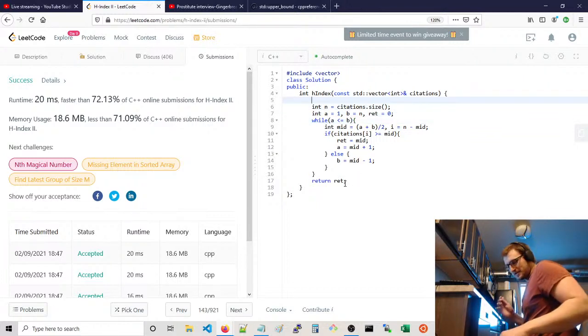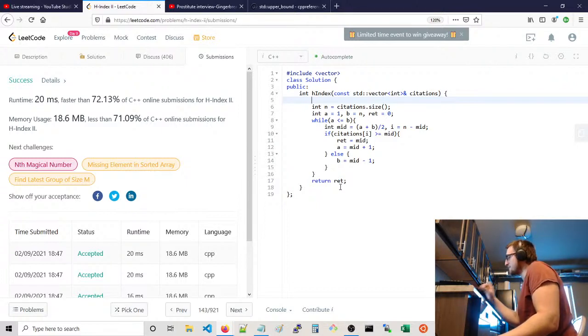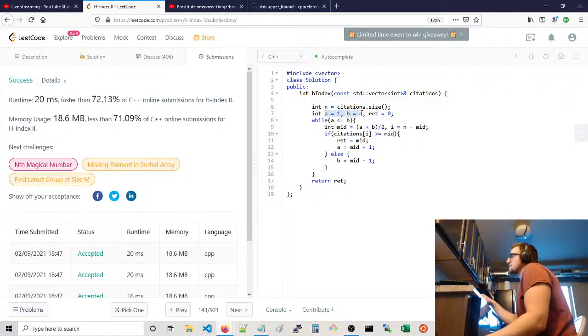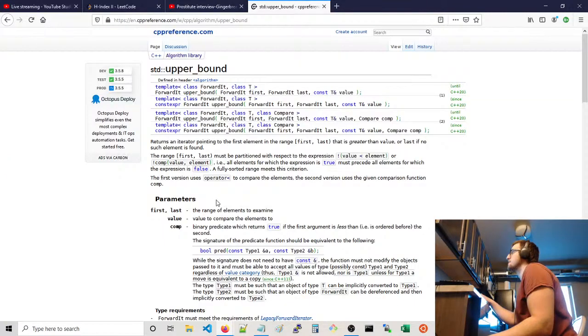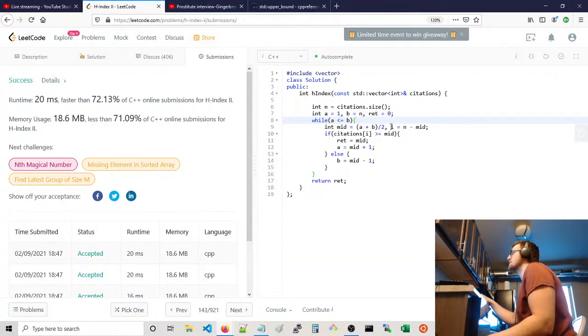And then what you're looking for is, from left to right, the largest value that's true. So it'd all be false, but it's the first value that's greater than false. Let's try it that way.